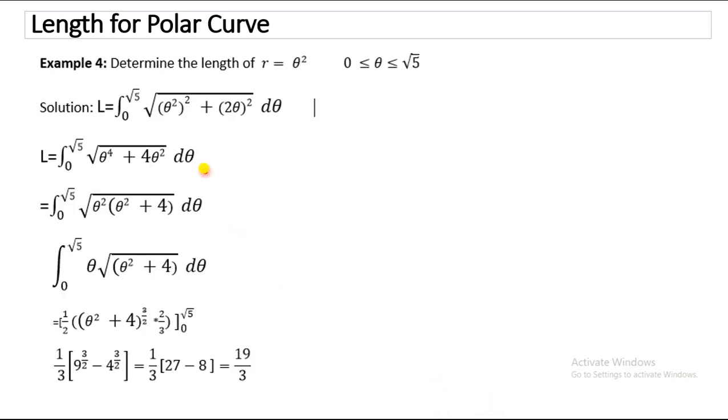Example 4. Determine the length of r equals theta square, for theta greater than 0 and less than or equal to square root of 5. Length equals integration from 0 to square root of 5 of the square root of r square, theta square, plus the derivative of theta square, 2 theta, squared.